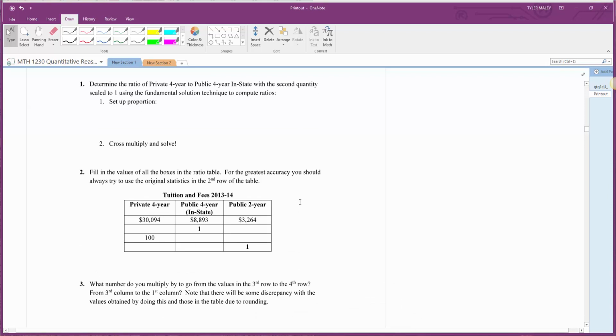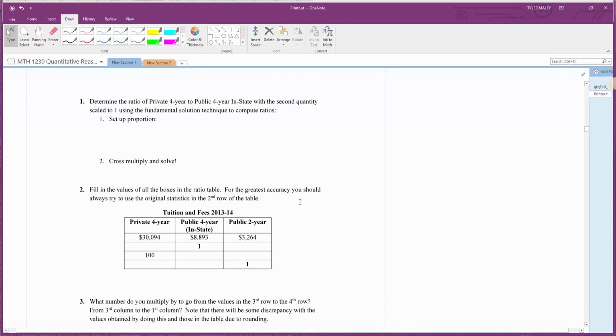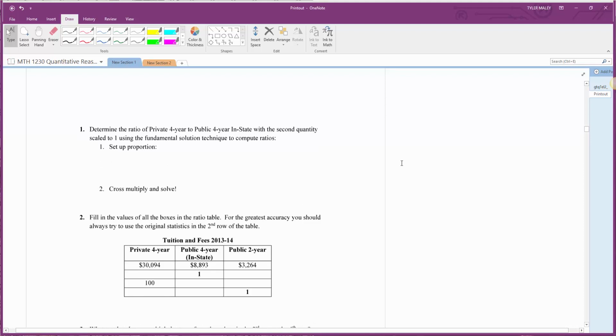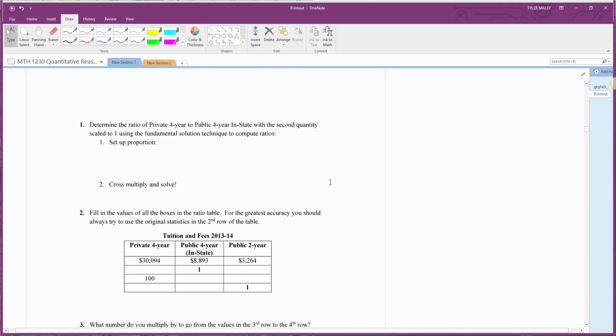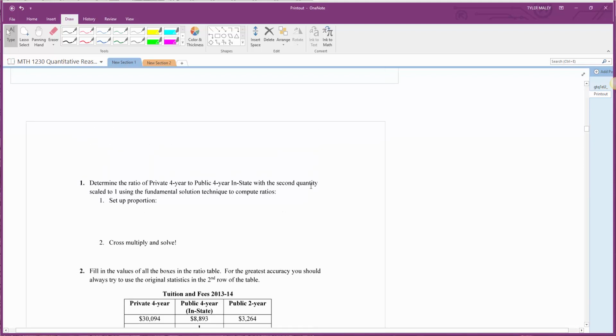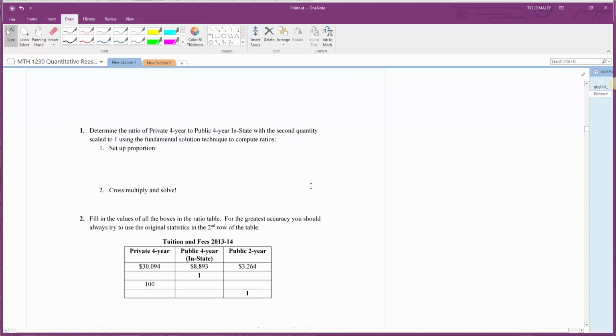All right. So looking here at number 1 on the next page, it says determine the ratio of private four-year to public four-year in-state with the second quantity scaled to 1, using the fundamental solution technique to compute ratios. Alright, so the first step, we want to set up the proportion.